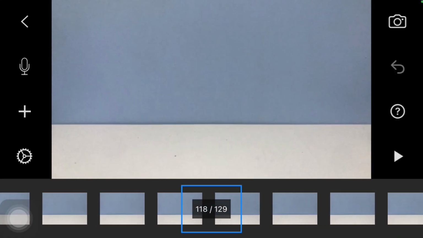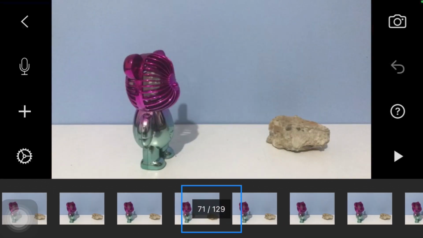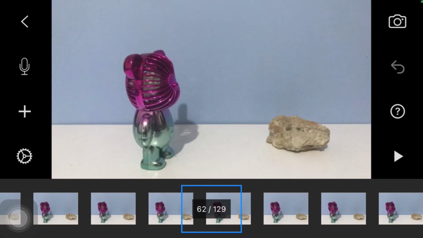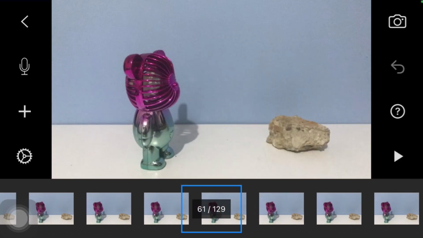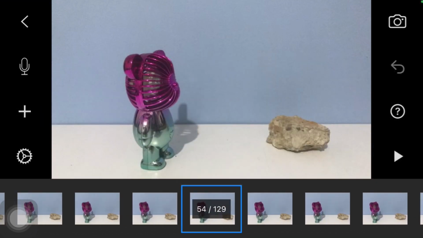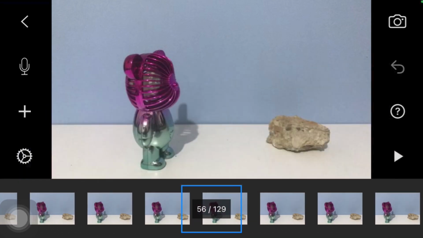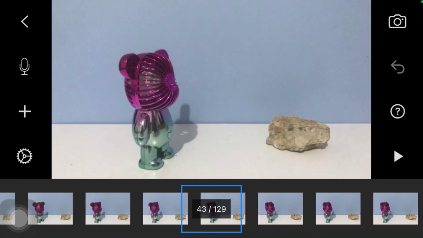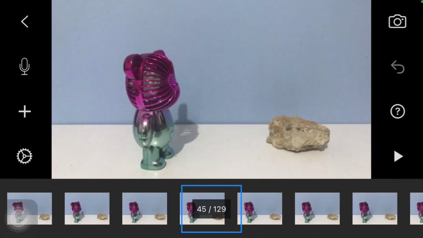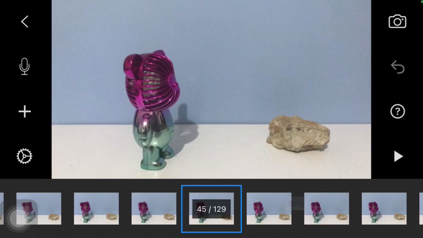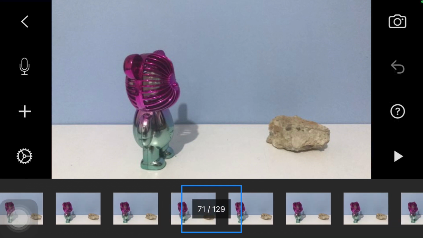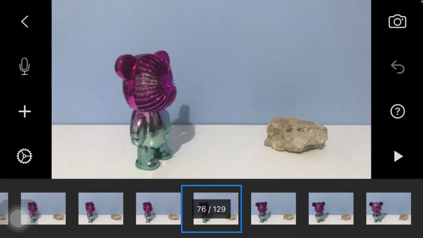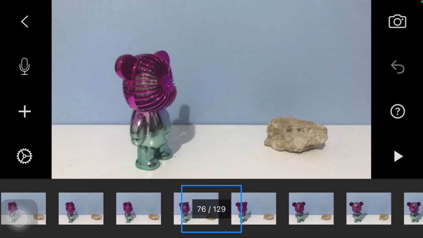So after a while of moving the objects, I continue moving it. So in this part I take this frame, and I copy and paste for 2 seconds. And then I continue.